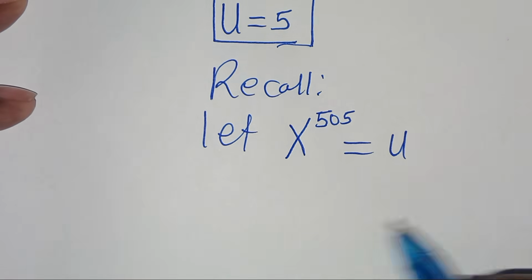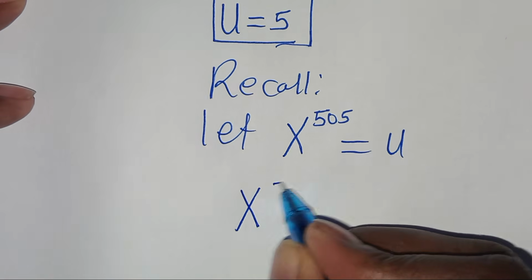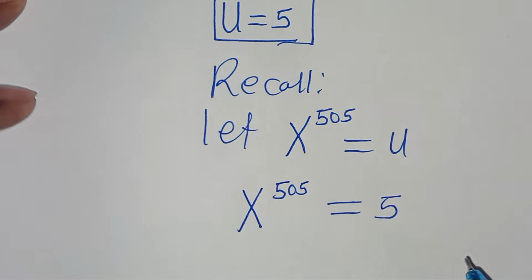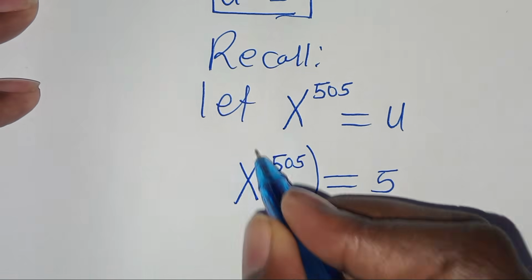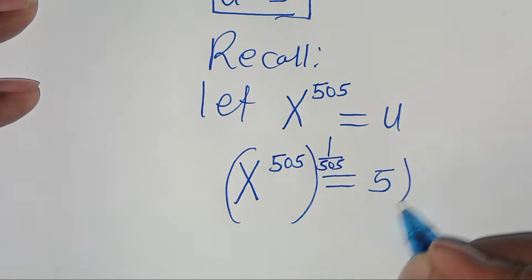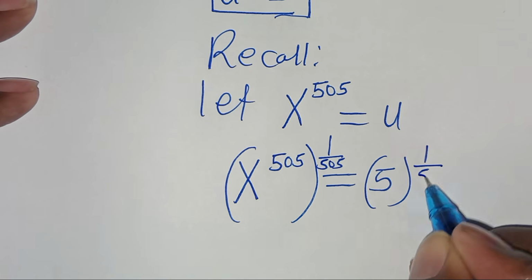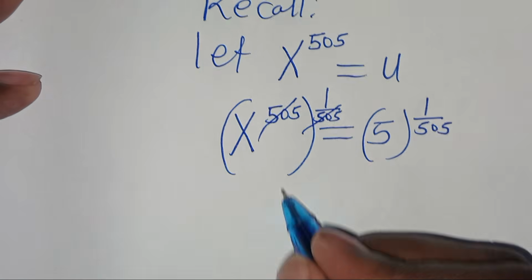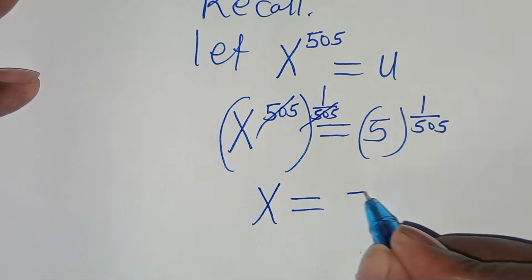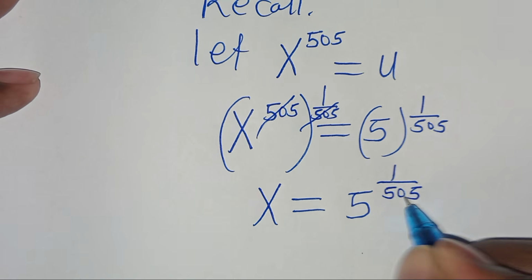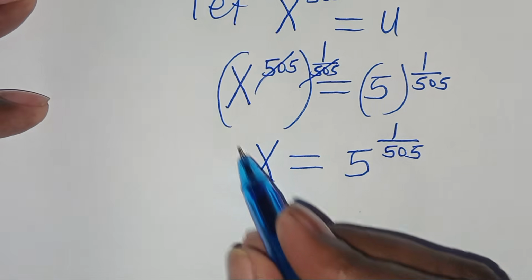So let's substitute u so that we have x to the power of 505 equal to 5. Now let's multiply both sides by 1 over 505, that is, raise to the power of 1 over 505. So if we simplify here, we have that x is equal to 5 to the power of 1 over 505. So this is the value of x.